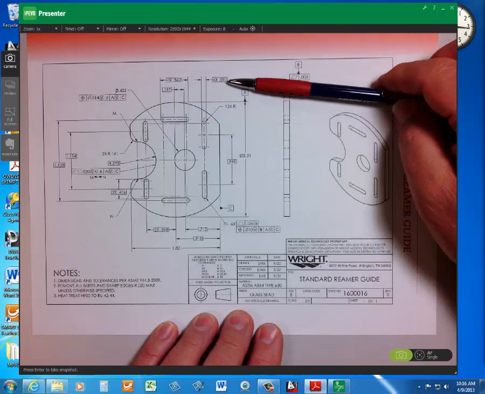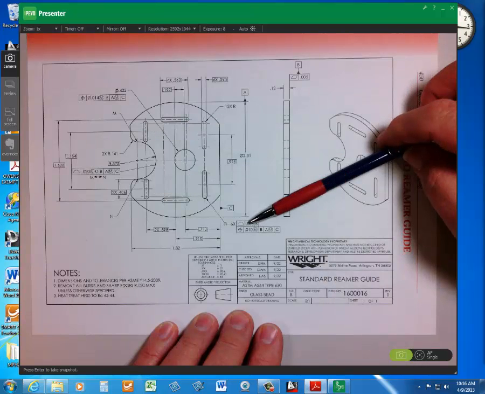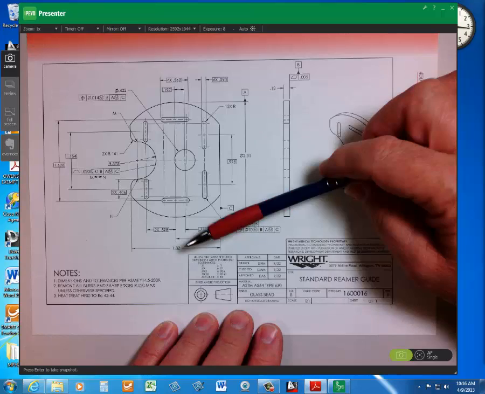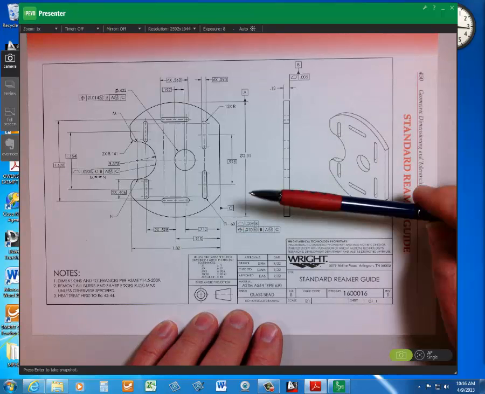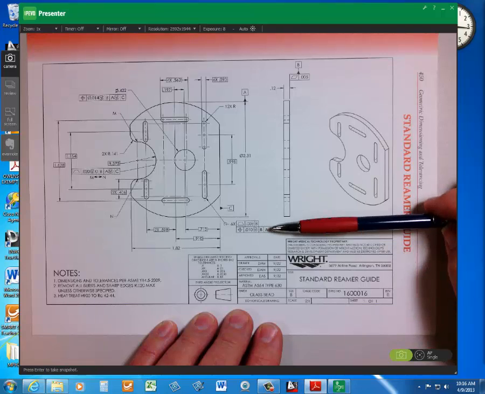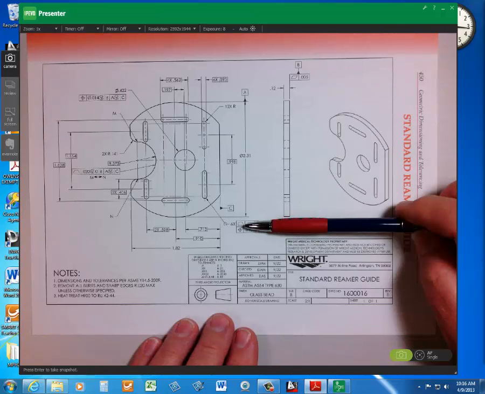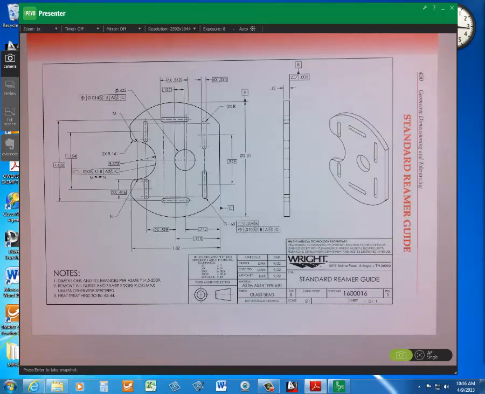Okay? It's a profile that we're after. The features are controlled by a cylindrical position tolerance of 10 thousandths at MMC relative to datum B, A at max material boundary, and datum C. And we'll get into profile measurement a little later.